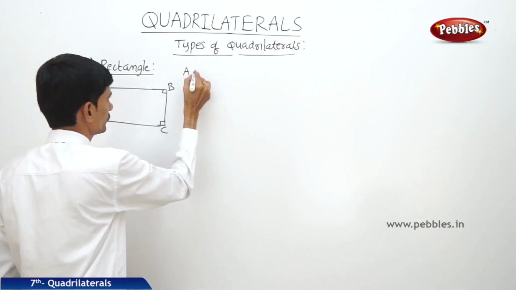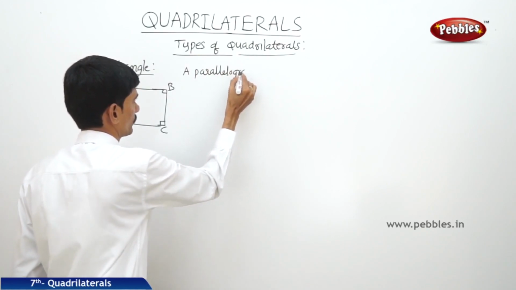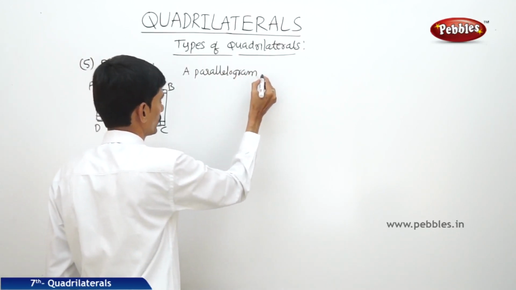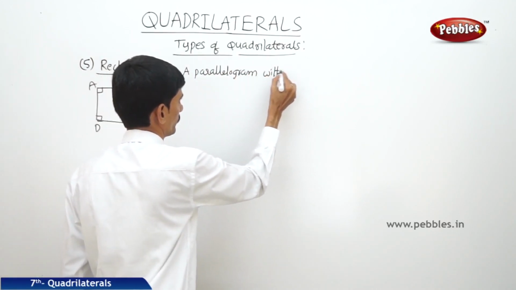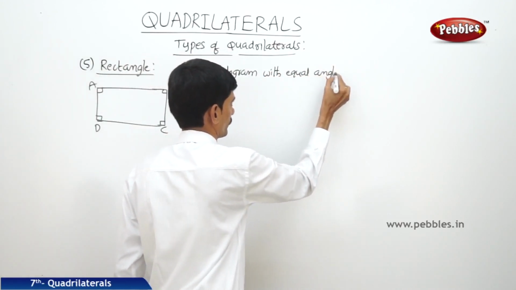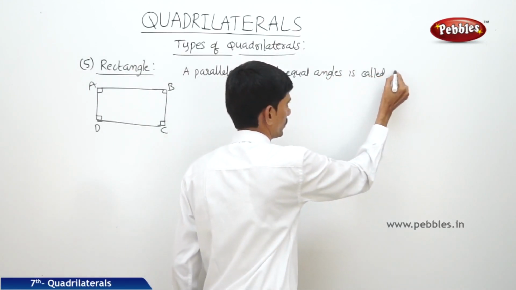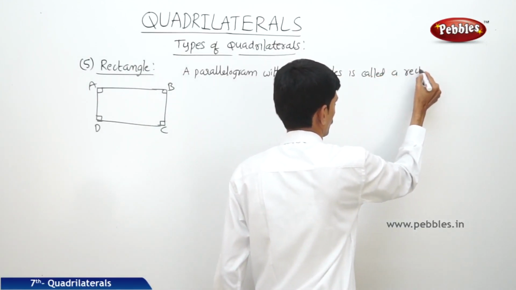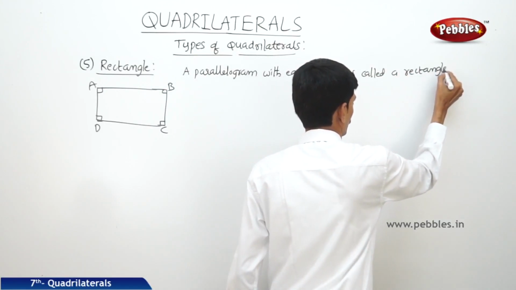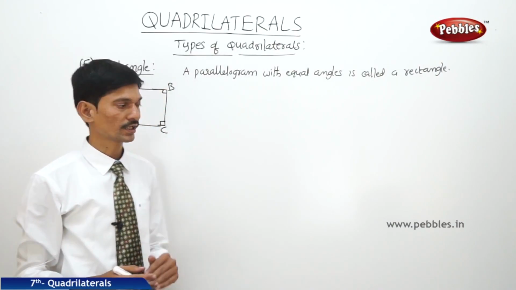So a parallelogram with equal angles is called a rectangle.